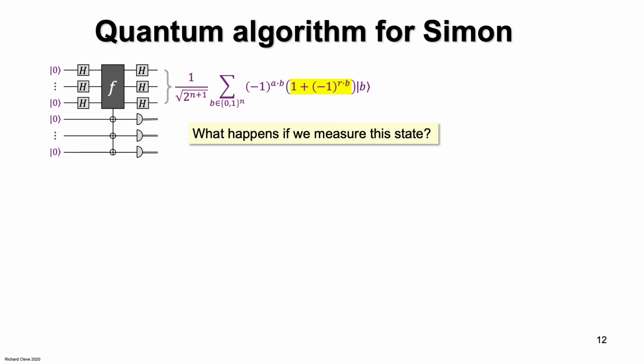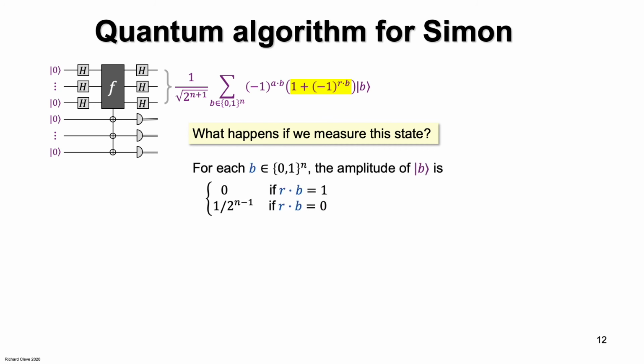If the bit r dot b is 1, then the expression is 1 plus -1, which equals 0. If the bit r dot b is 0, then the expression is 1 plus 1, which equals 2. Therefore, only the values b where r dot b equals 0 can arise. Otherwise, the probability of the outcome is 0.